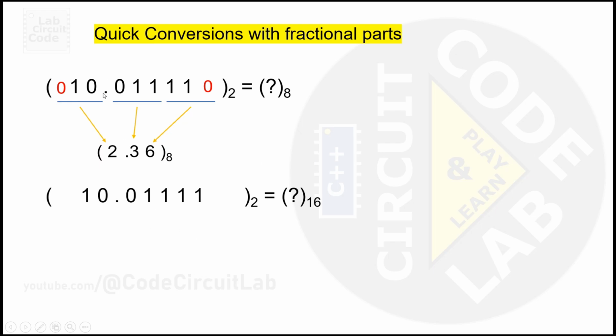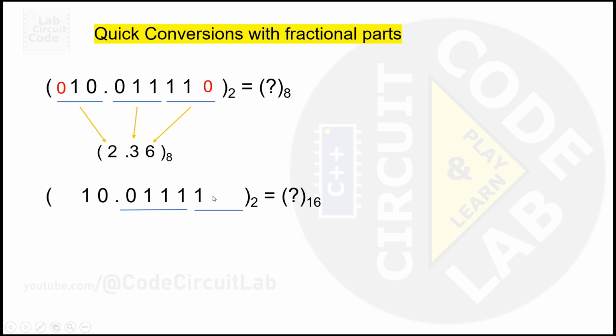We have this number and this time we want to convert it into hexadecimal. Again, we start grouping, and this time groups must have 4 digits. The first group, starting from left to right because we are at the fractional part. The second group, again starting from left to right, and we see that we only have 1 digit here.